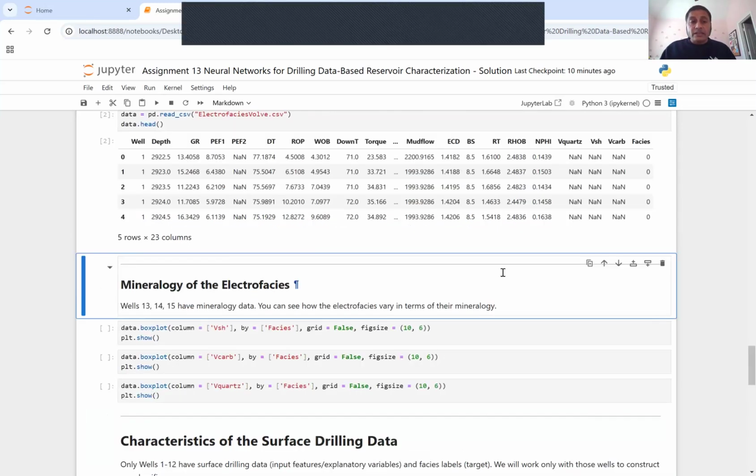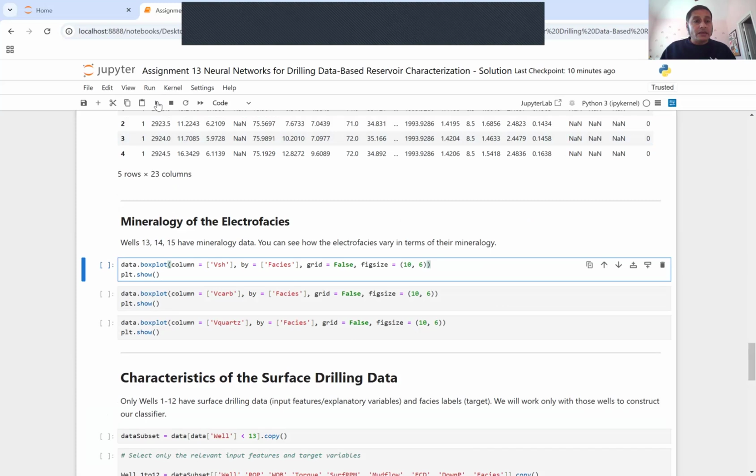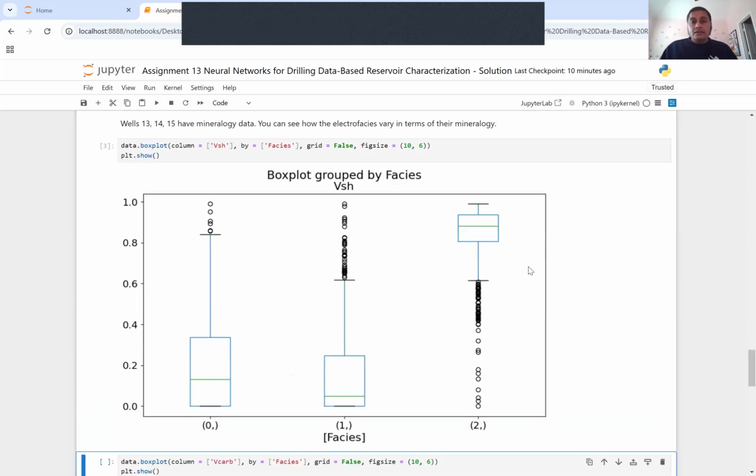So if you look at that, we can look at the volume of shale associated with facies 0, facies 1, and facies 2. And you can see that facies 2 is predominantly shale as opposed to facies 0 and facies 1.